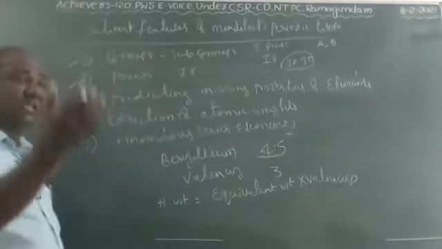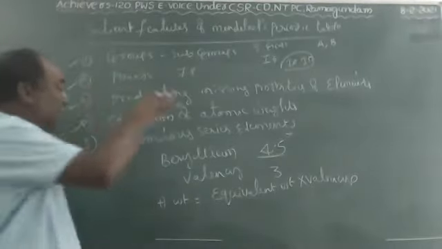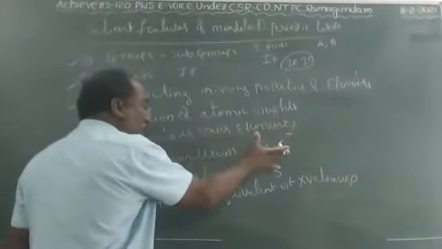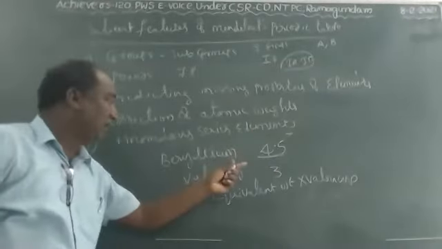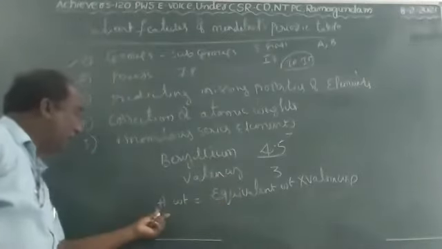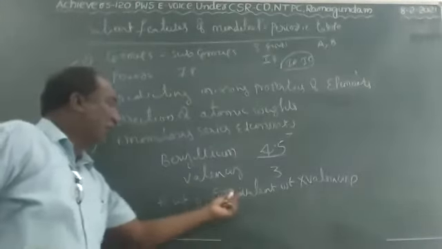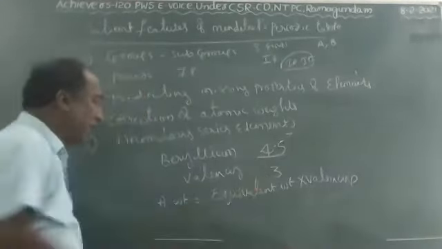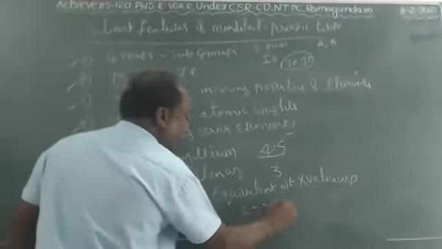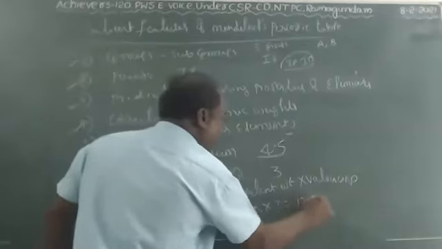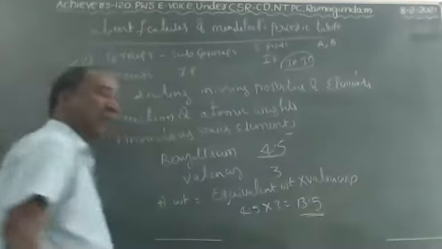He did many experiments. According to the experiment, he gave beryllium equivalent weight 4.5, and they imagined beryllium valency is 3. So atomic weight equals equivalent weight into valency, 4.5 into 3. This is 13.5, the atomic weight of beryllium.